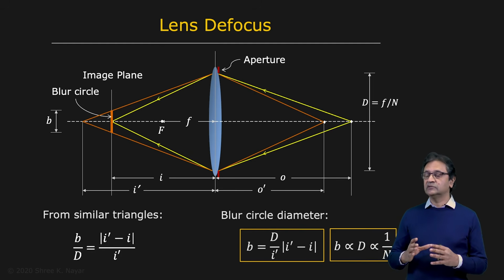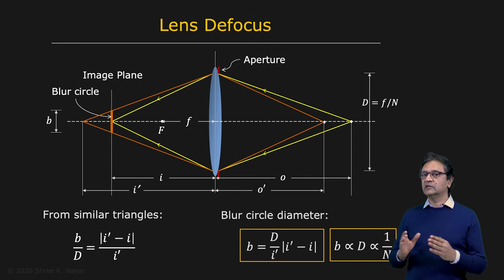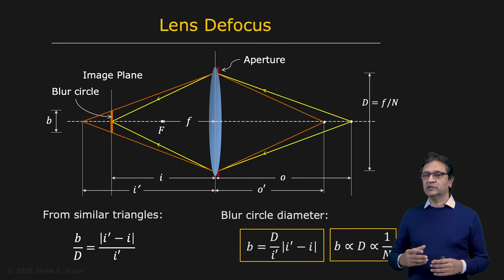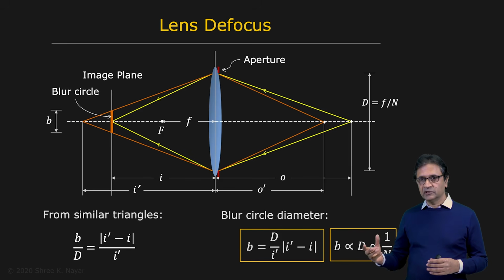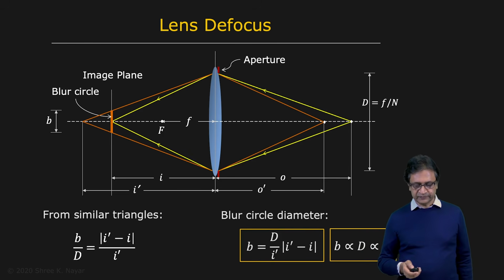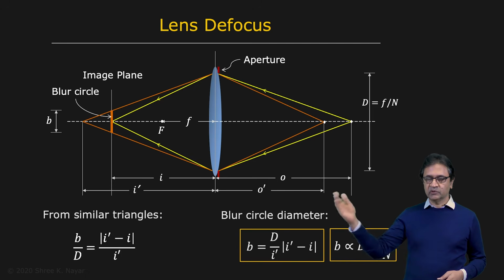If you use a lens which deviates from a pinhole camera more and more, which is a larger and larger aperture, you're going to end up with a greater degree of blur for points that lie outside the plane of focus. So the blur circle diameter is proportional to the diameter of the aperture and therefore inversely proportional to the f number of the lens. So now in this expression right here, you see that we have the image distances I prime and I. We'd like to express this in terms of the object distances O prime and O, because that's what we have at our disposal.